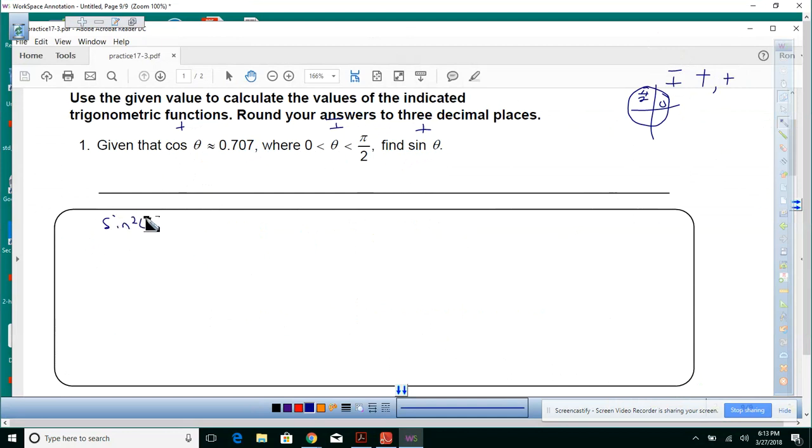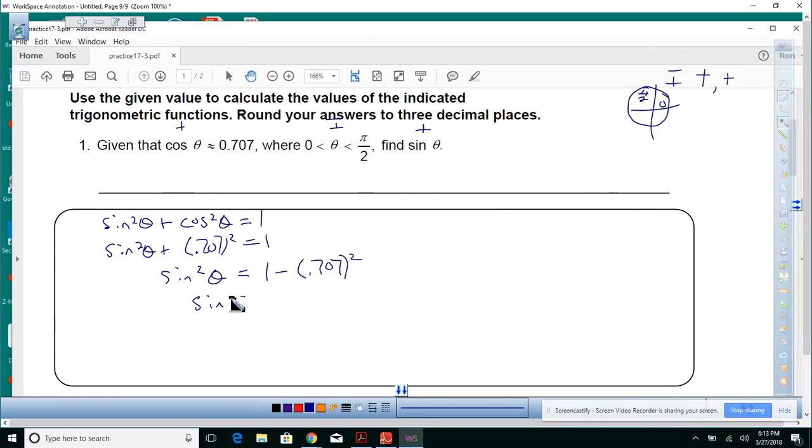Sine squared theta plus cosine squared theta equals 1. So we've got sine squared theta plus, and then we're going to put 0.707 squared equals 1. So sine squared theta equals 1 minus 0.707 squared.